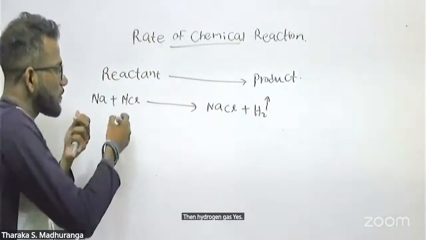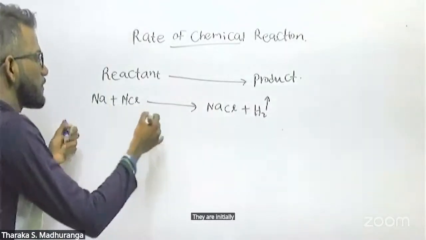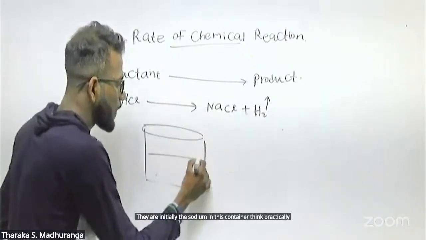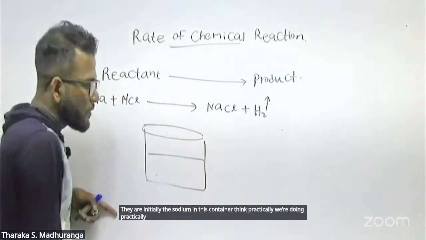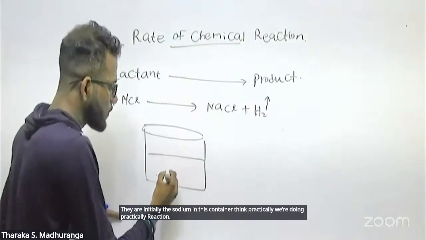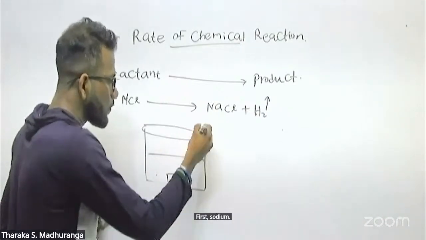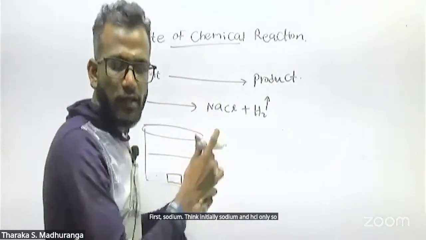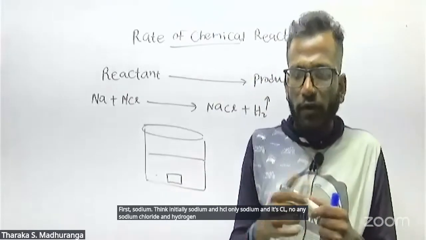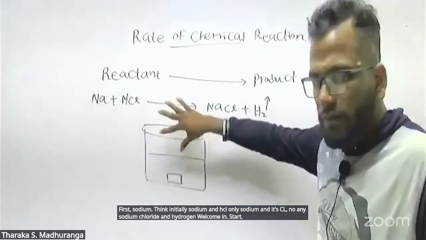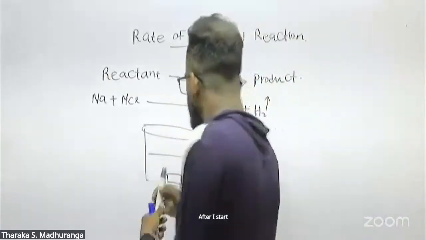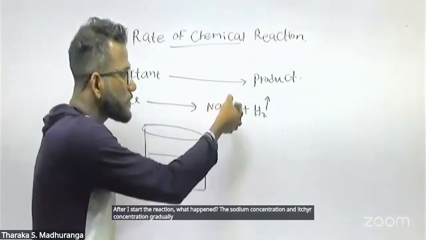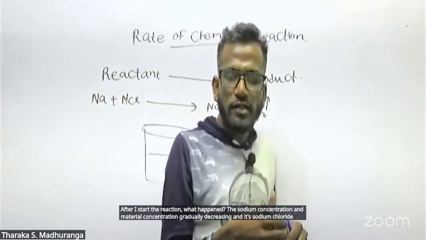Think practically we are doing the reaction. Initially there is only sodium and HCl, no sodium chloride and hydrogen. After we start the reaction, the sodium concentration and HCl concentration gradually decrease, and sodium chloride and hydrogen concentration gradually increase.